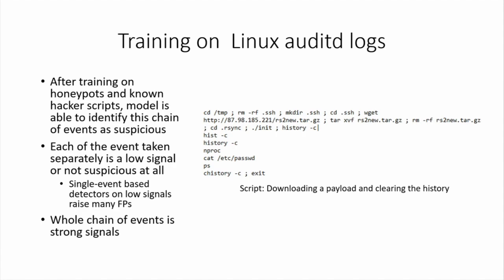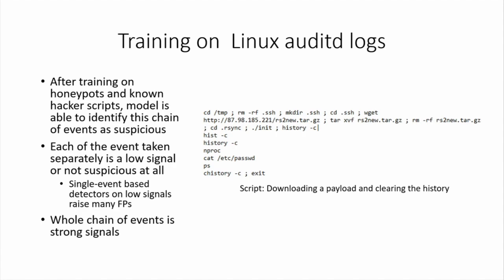After training the model on these specific logs, we were able to find new detections, such as, for instance, the script that I'm mentioning here. In this script, as you can see, it's a sequence of benign events like cd or mkdir, very benign stuff that is happening.